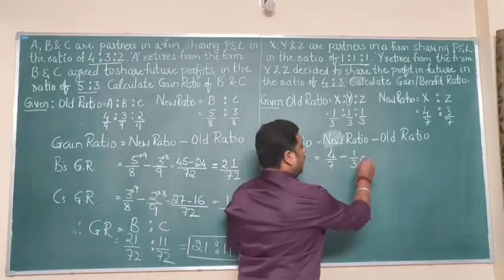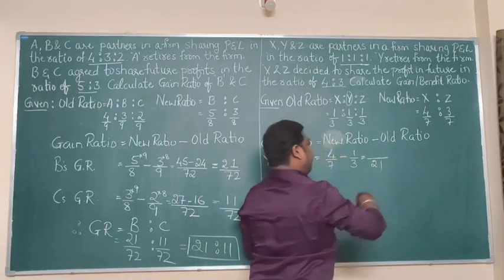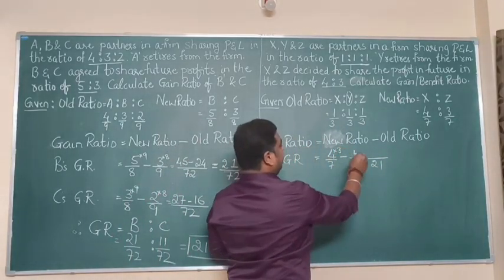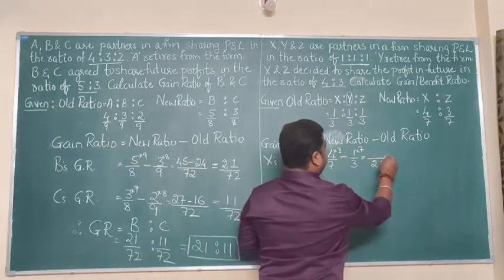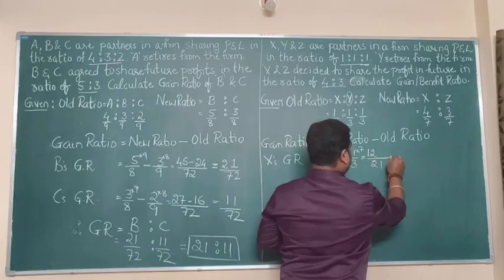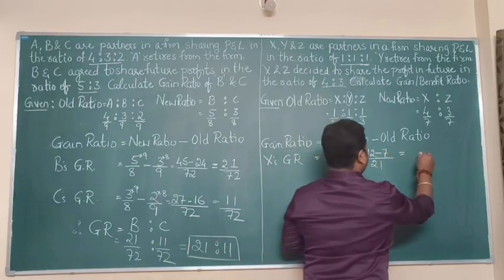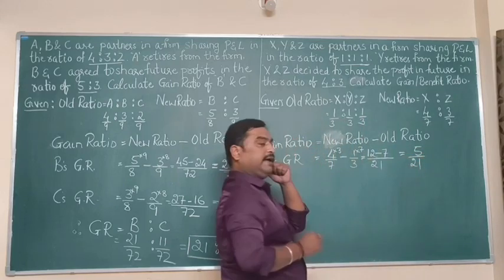So how to find the common LCM? Just multiply these two. 7 3s are 21, 3 7s are 21. 4 3s are 12 minus 1 7 is 7. 12 minus 7 is 5. It is 5/21.